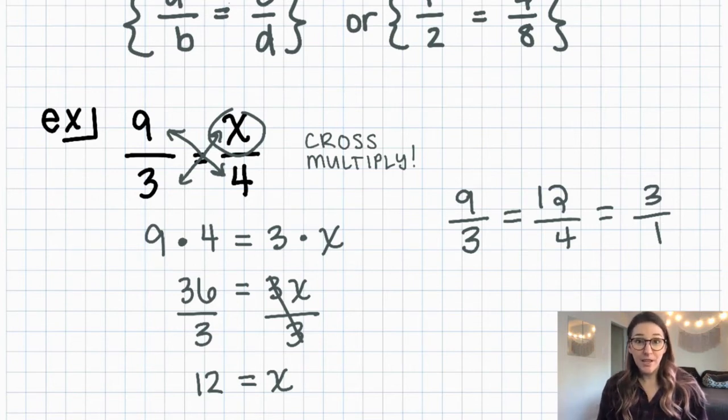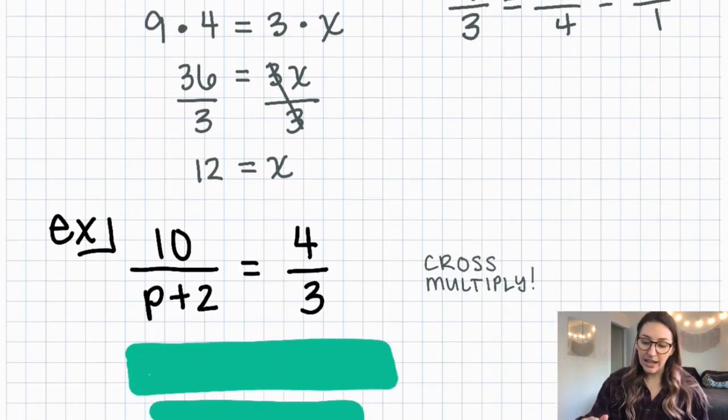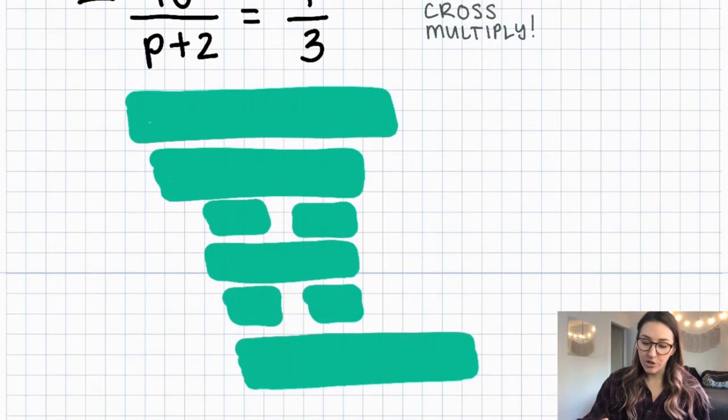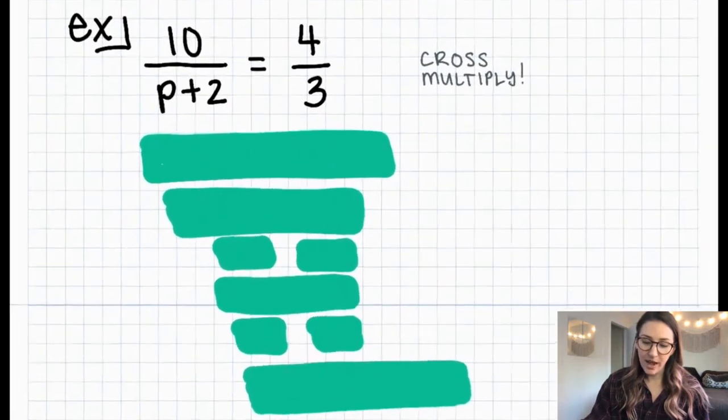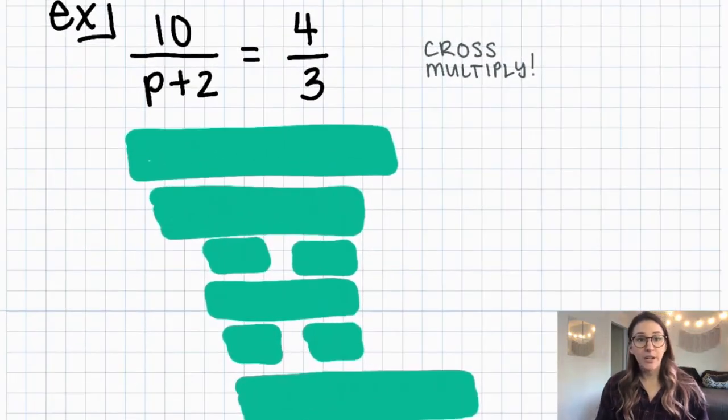Now, sometimes the proportion is going to be a little more complicated than that. So let's take a look at a level 2 proportion. Now we have 10/(p+2) is equal to 4/3.